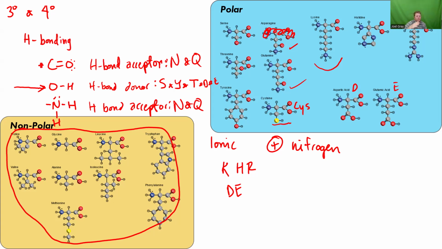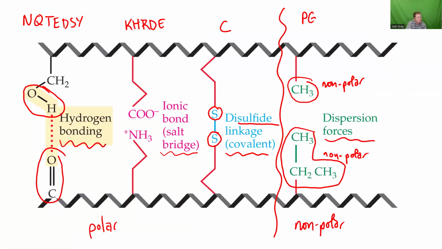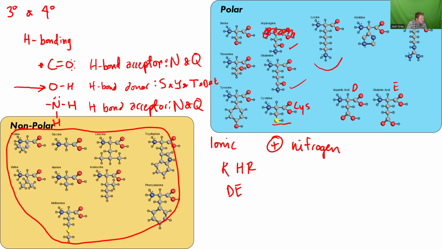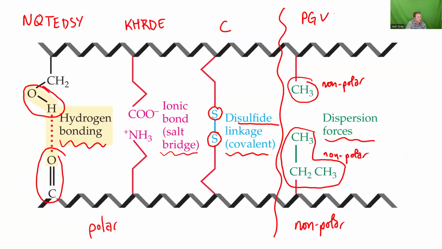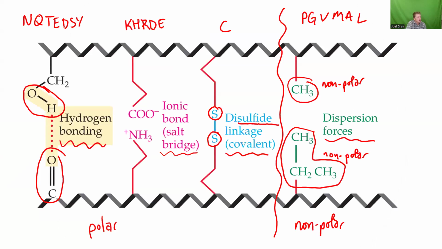So if you were to take every single three or one letter code here, we've got proline, glycine, valine, PGV, alanine, methionine, leucine, AML, and then isoleucine, tryptophan, and phenylalanine, IWF. These are all of the amino acids that are going to participate and interact through dispersion forces.